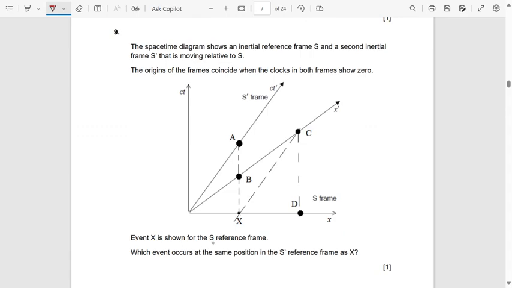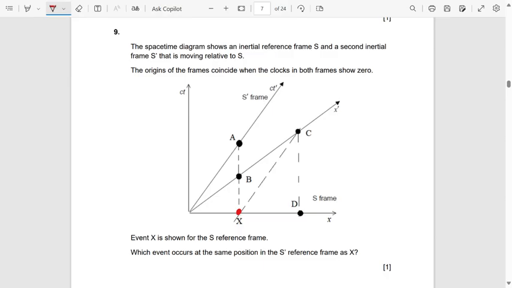Event X is shown for the S reference frame, so that is the position that X occurs in the S reference frame. Which event occurs at the same position in the S prime reference frame? Does X occur at the same position in A, B, C, or D in the S prime reference frame?